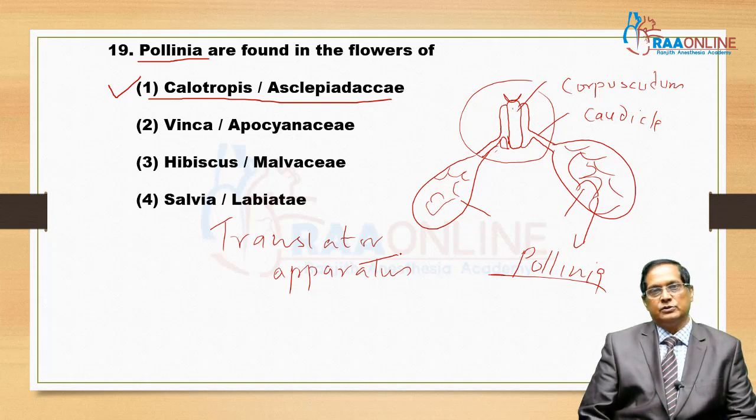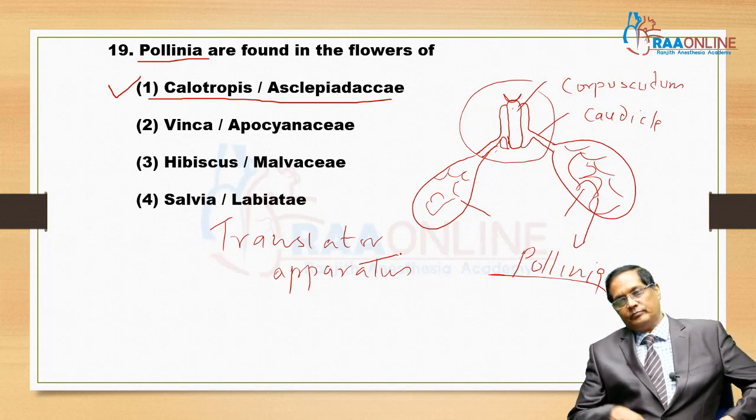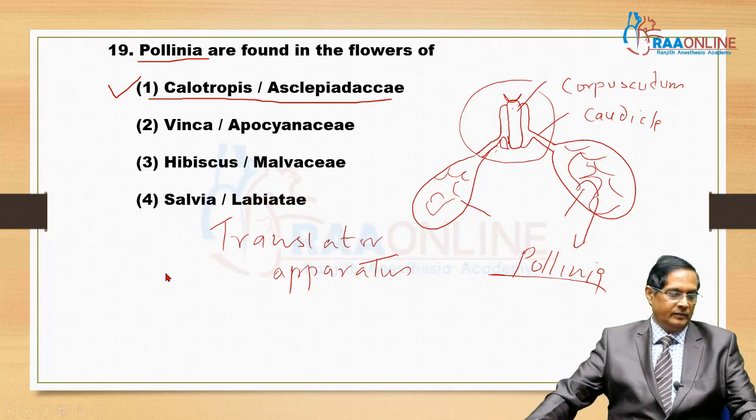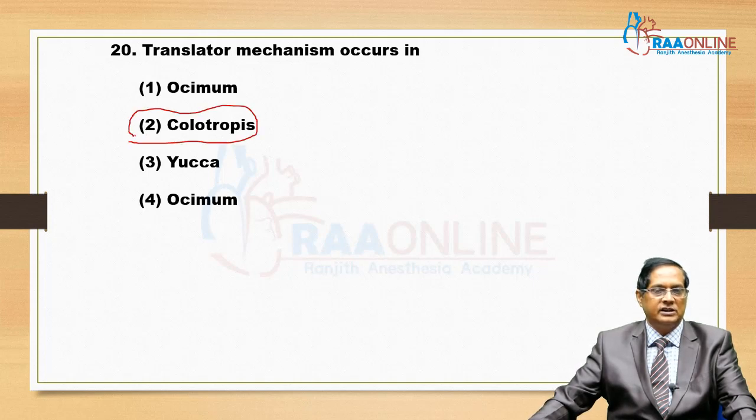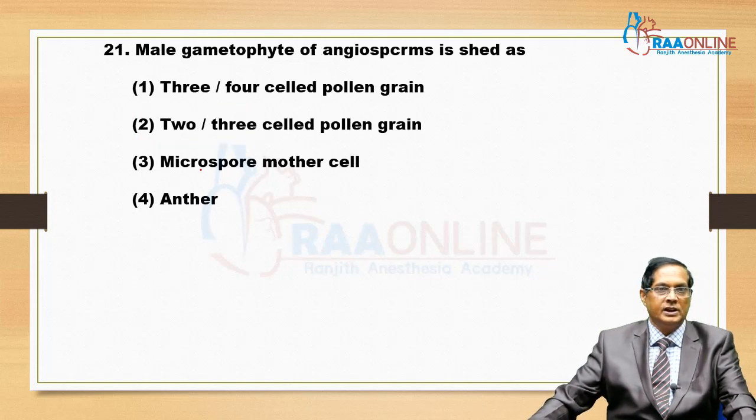The 20th question was already described with the previous one. The translator mechanism is seen in Calotropis only.